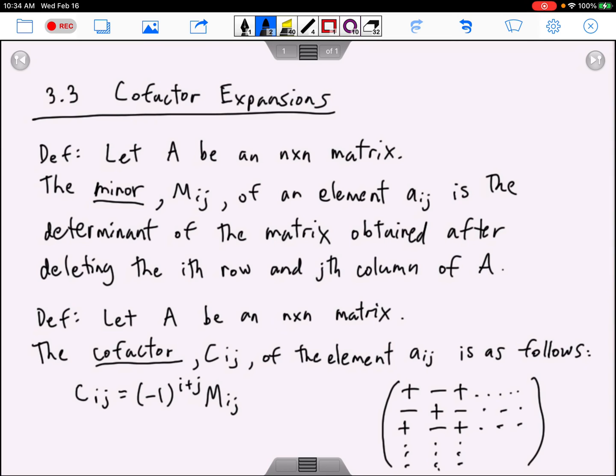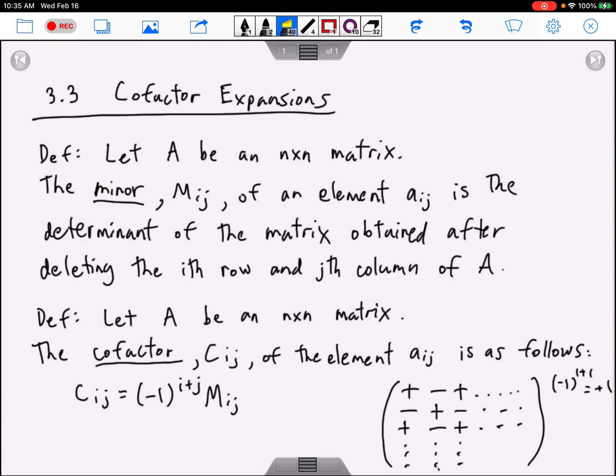For example, -1 to the 1 plus 1 is +1, right? That's why we put a positive right here, because element 1,1 ends up being a positive. And so an easier way to think about it is just to always create, starting with a plus in the upper left corner, and then just alternate signs in every direction. And that's an easy way to get this guy over here. Okay, that's usually the way I think about it. I don't really think about -1 to the i plus j. This table makes life a little easier.